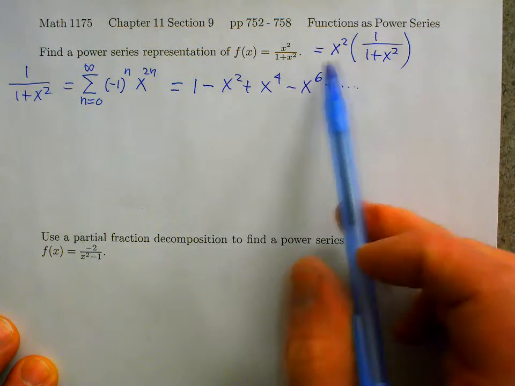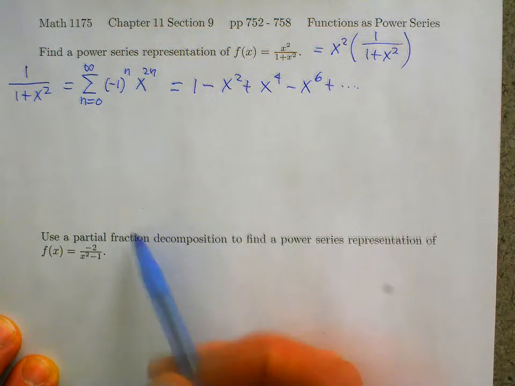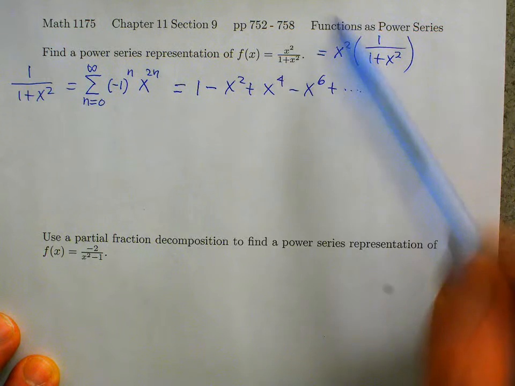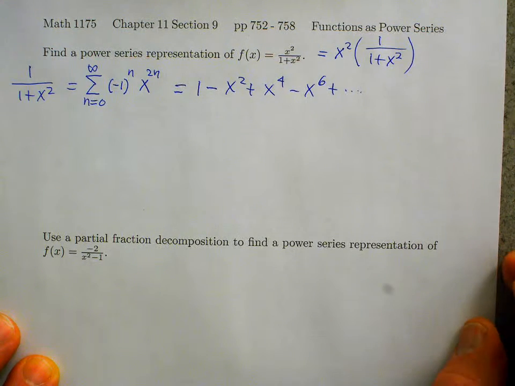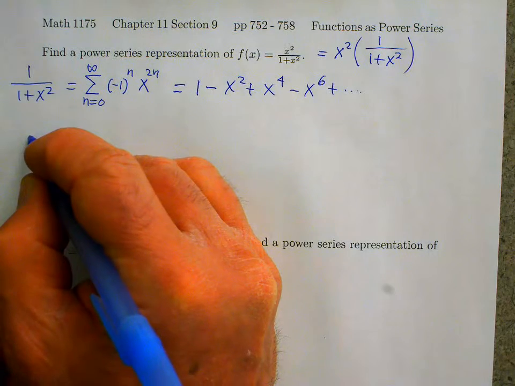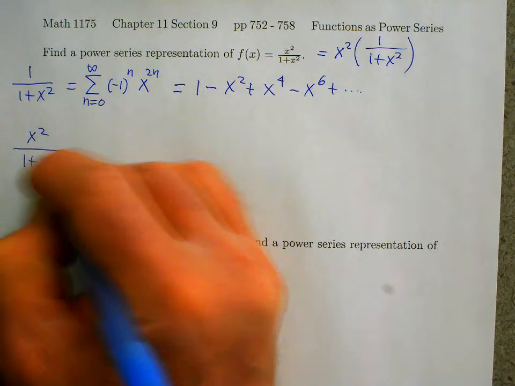So we're just going to multiply each of those terms by x squared to get the power series representation for x squared over 1 plus x squared.